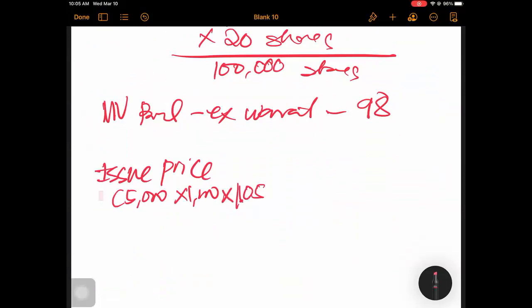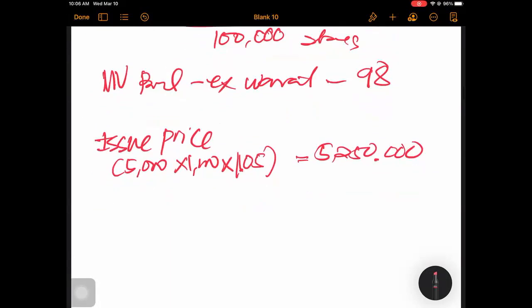That is 5,000 times 1,000 times 1.05, so that is 5,250,000. That's how you compute the issue price.